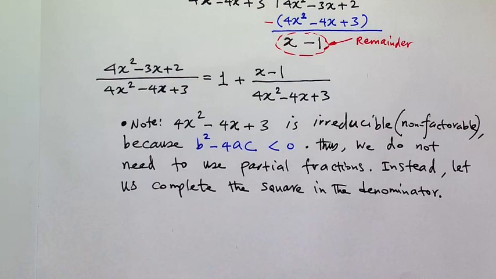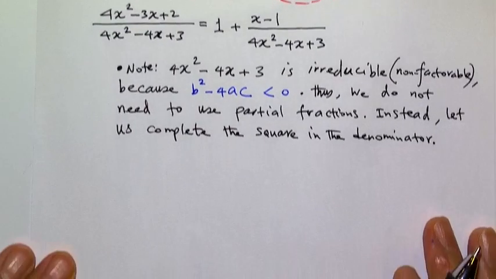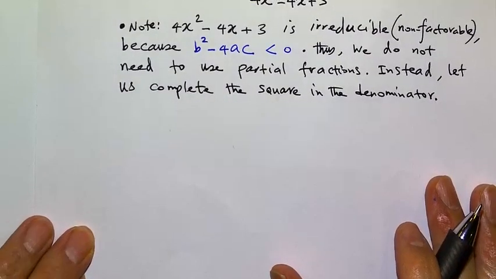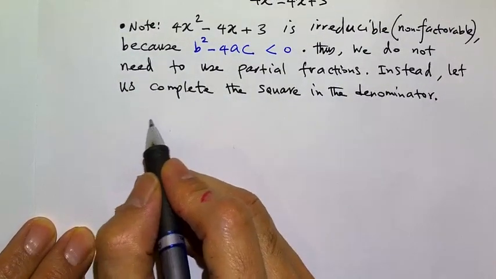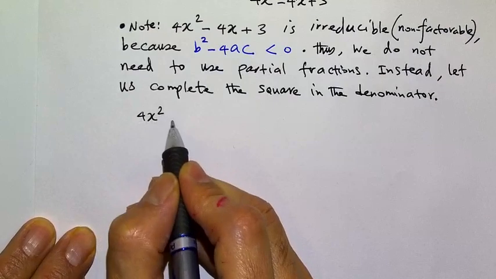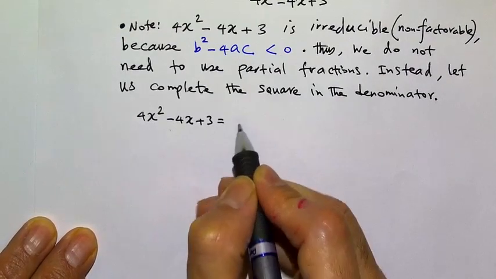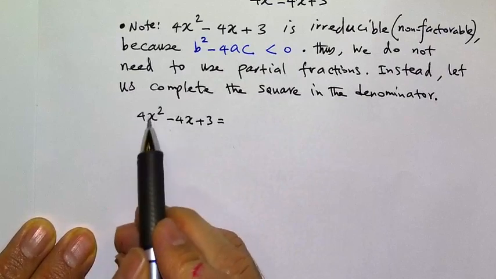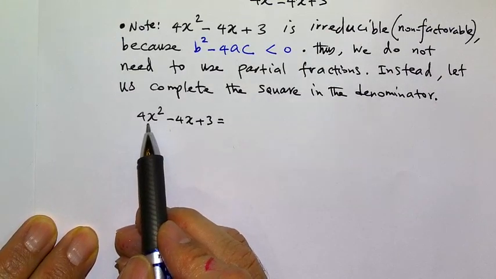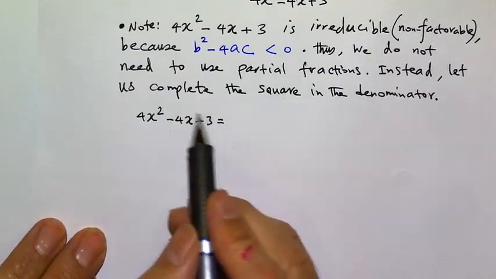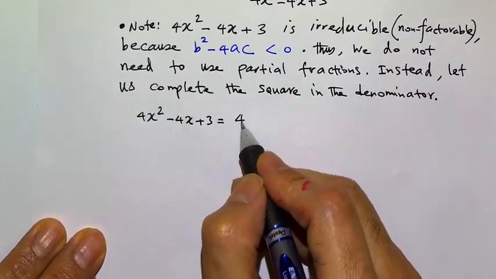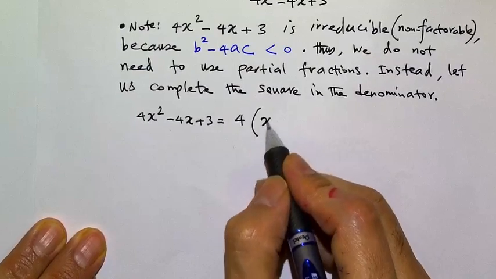All right, so we start with that. Let me move this up a little bit. So we have 4x squared minus 4x plus 3 equals, remember this quadratic term should have the coefficient equal to positive 1 before we can complete this square, right? So let's factor out 4.